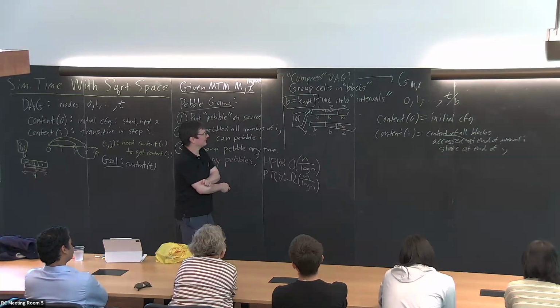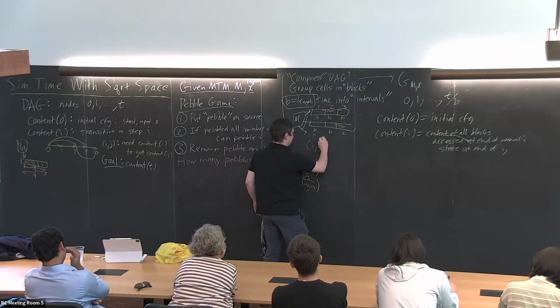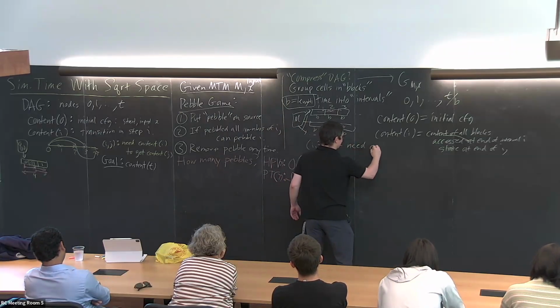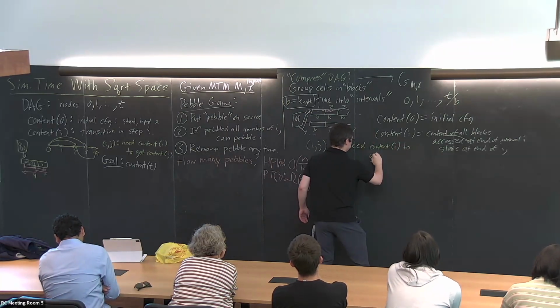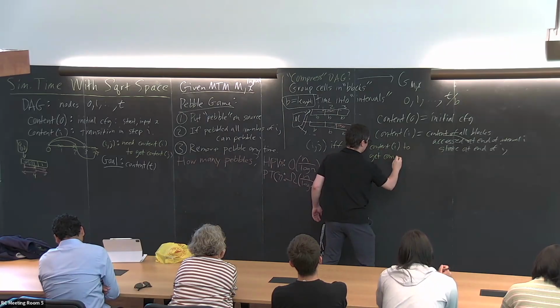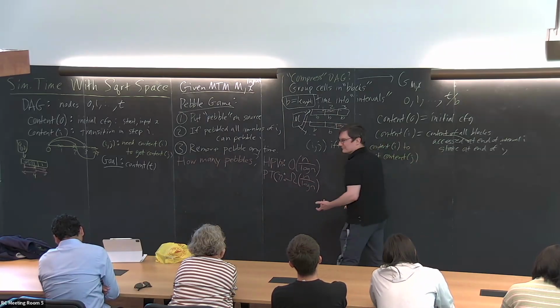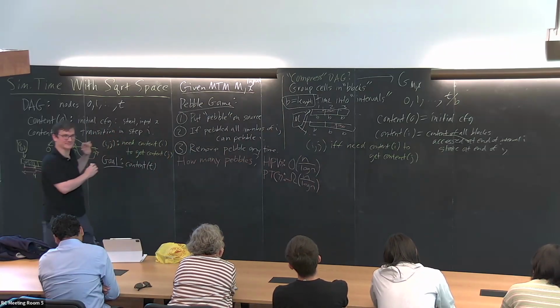And I'll have an edge if and only if I need content I to compute content of J, in the natural way, the same way as before.